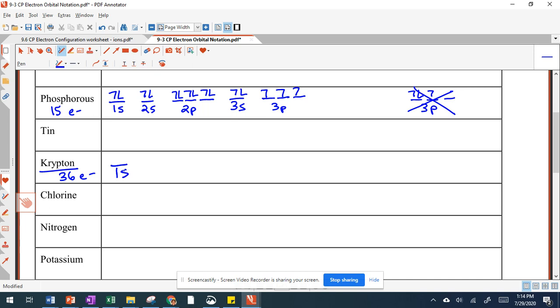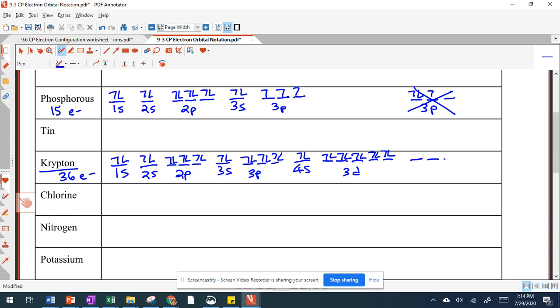So we start out with 1s, 2s, 2p, 3s, 3p, 4s, 3d, and then it ends in 4p with 6 electrons. So that is its configuration.